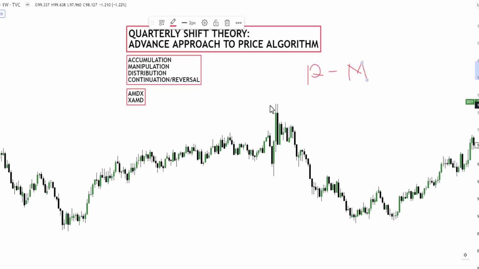As you keep breaking it down into chunks, that is basically what that means. So for the quarterly shift, we're going to divide it into three months of price action, and then look at what that data is doing and how the algorithm behaves every three months. All right, so let me show you how to go about that.